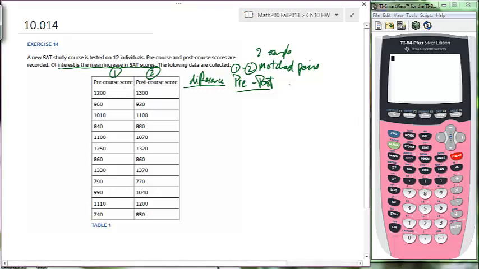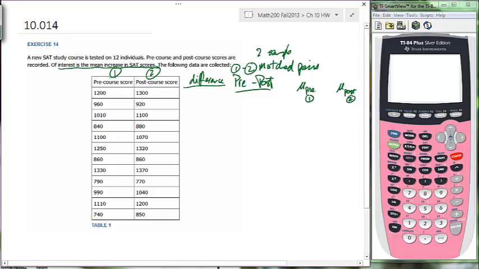So in general, let's set up our null and alternative hypothesis already. If we have the mean from the pre-test, and then the mean from the post-test, and remember that this is 1 and 2.